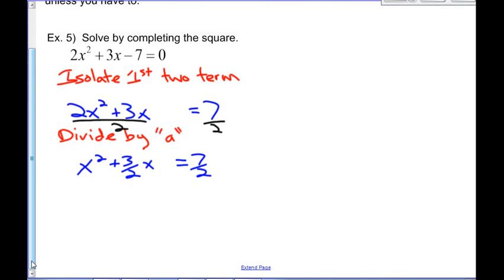Now if you remember from completing the square, to get to vertex form, there was kind of a magic number we had to find. We're going to add it to both sides rather than add and subtract it from one side. So add half the coefficient of x, squared, to both sides.